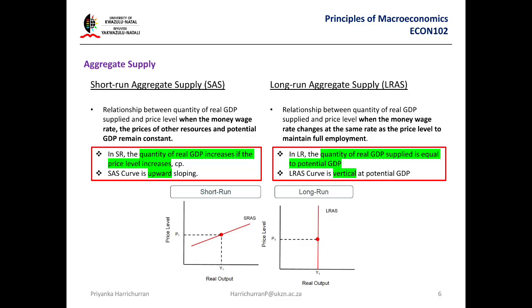The contract of a business usually lasts for a year. The contract will state, for example, you earn 10,000 Rand per month. So from January to December, that whole year, the person will earn 10,000 Rand per month. That's a contract. It's an agreement. They won't change the salary.